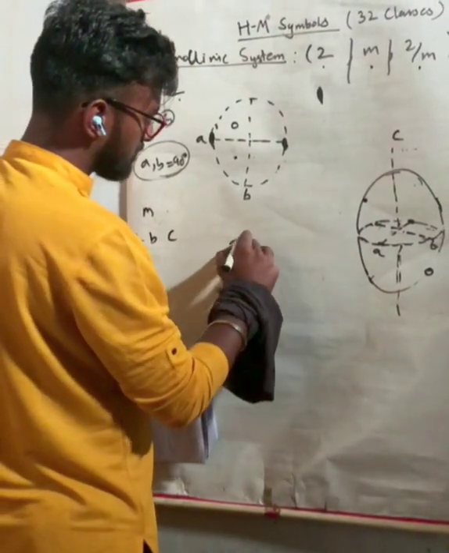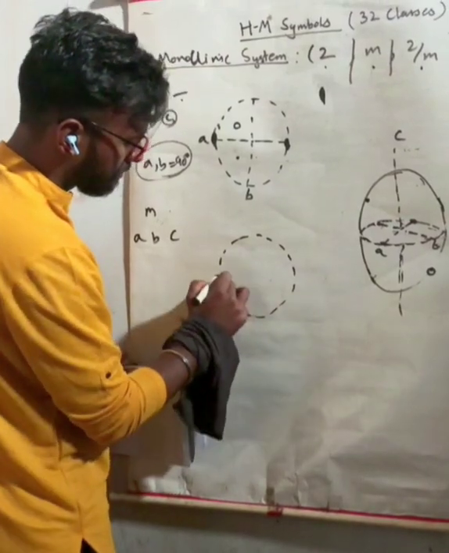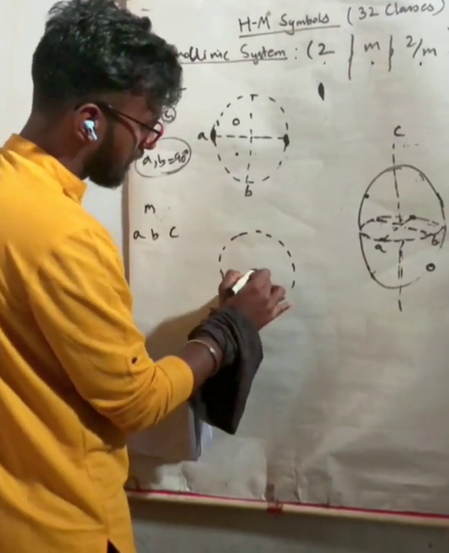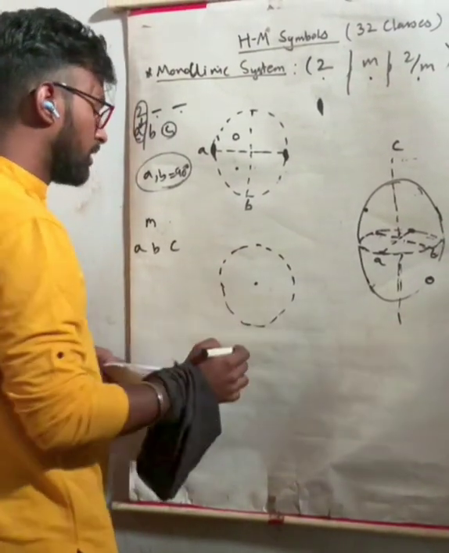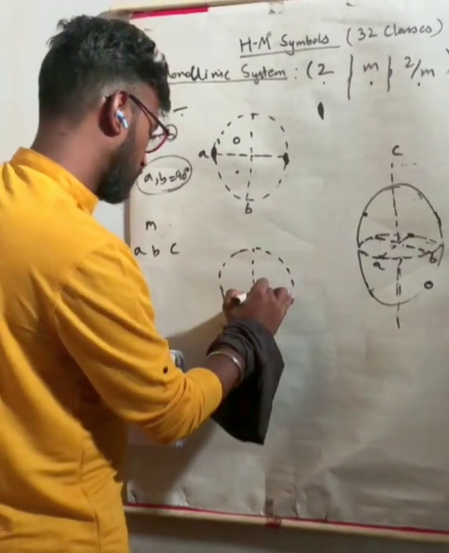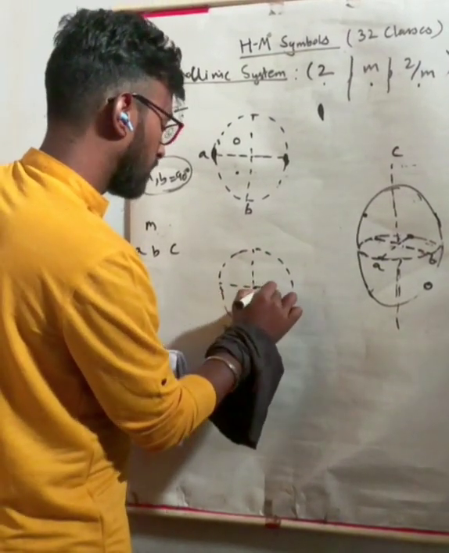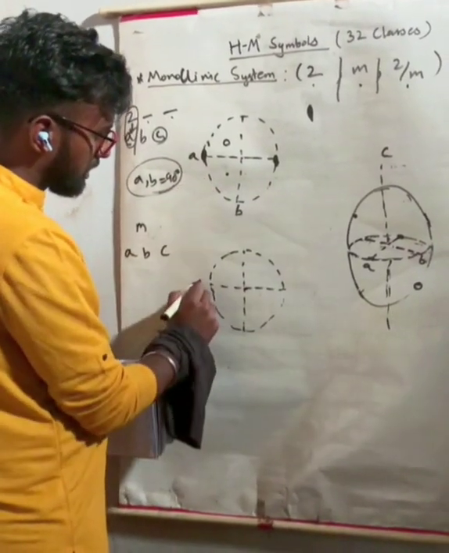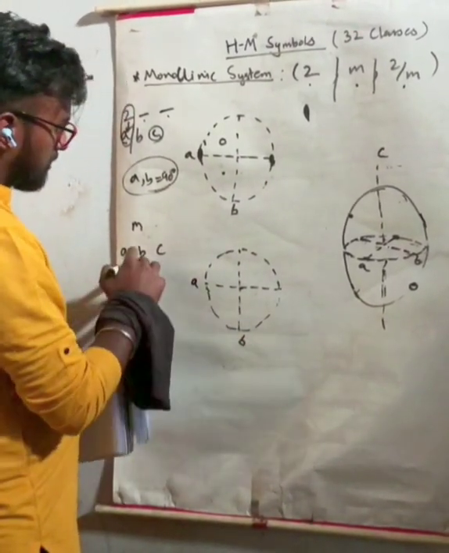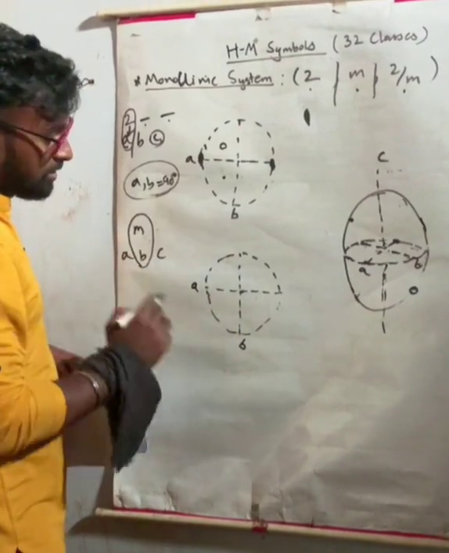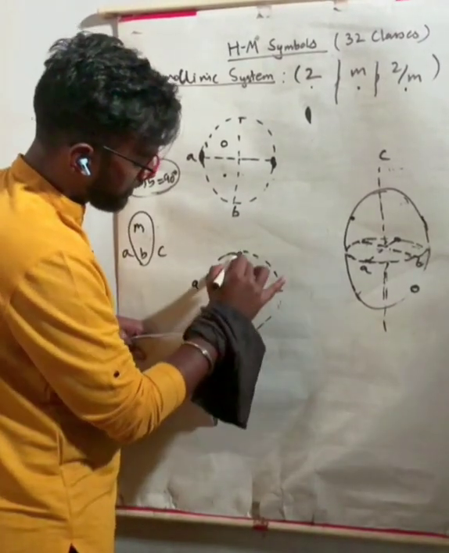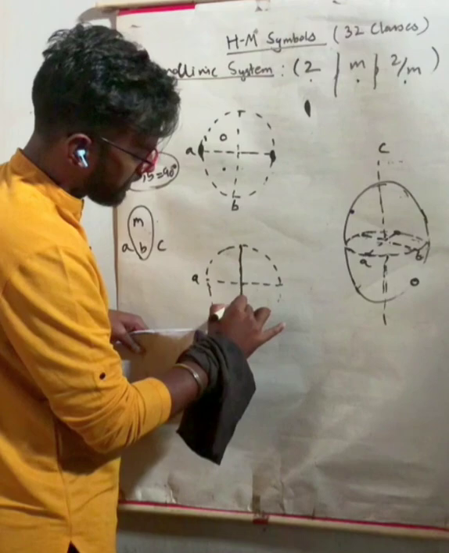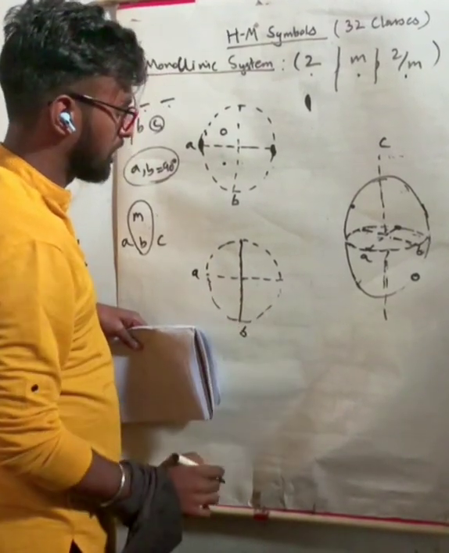We will first draw the C, the plane perpendicular to the C axis, and this is the C axis that is projecting outward, and we have two axes perpendicular to each other. So we are taking this as A and this as B, but our B is a mirror plane. For mirror planes we need to represent it as a solid line, not a dotted line.